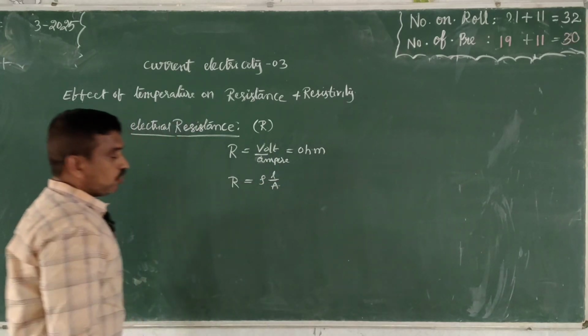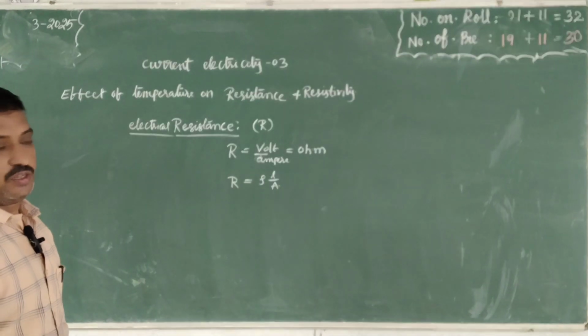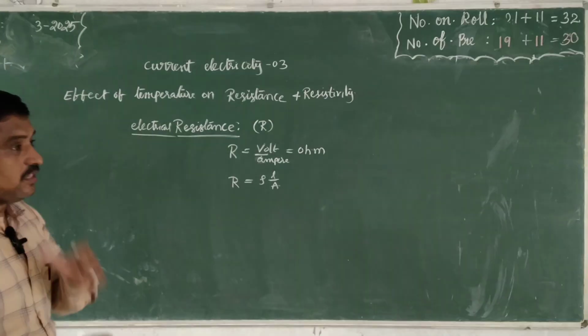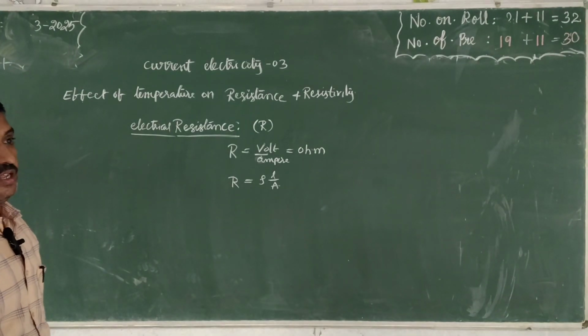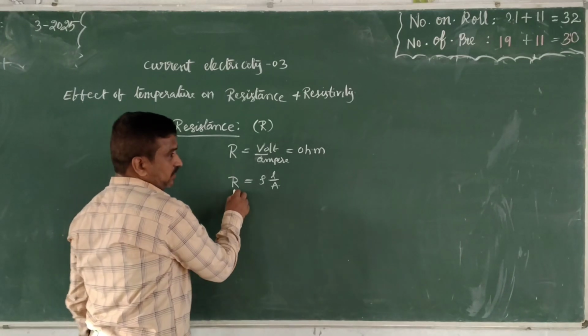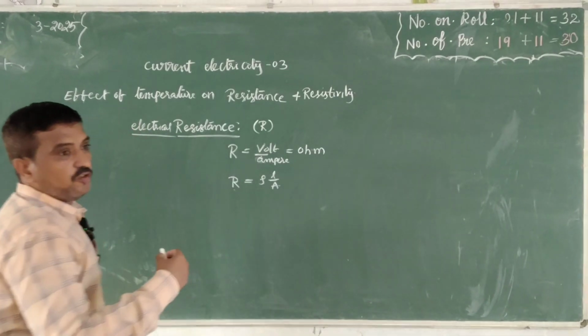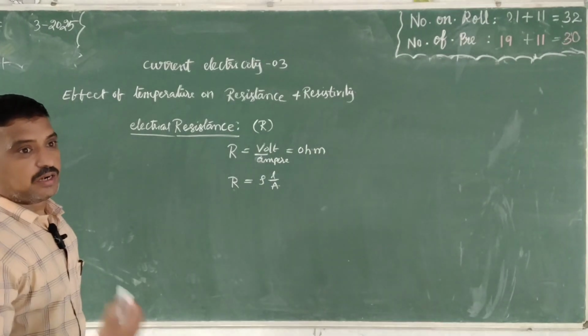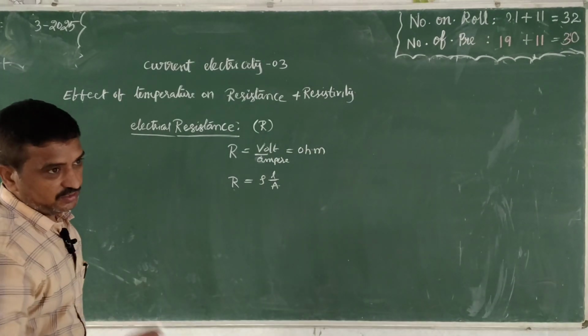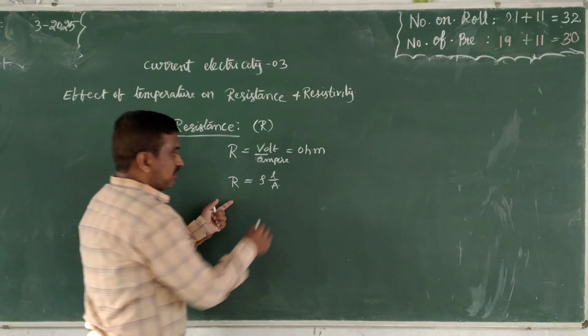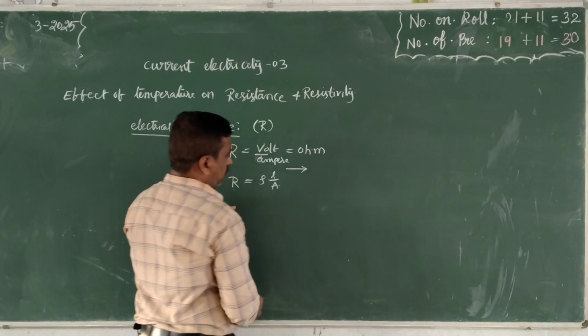Here rho means resistivity, L means length of the conductor, A means area of the conductor. See here, resistance is the obstruction offered in the flow of electrons or flow of current by a conductor. So this resistance depends upon what here?